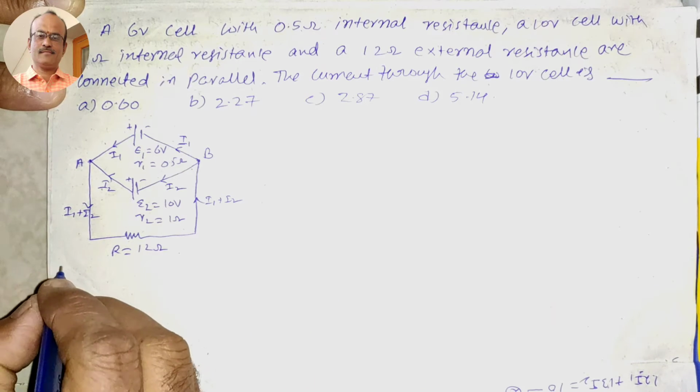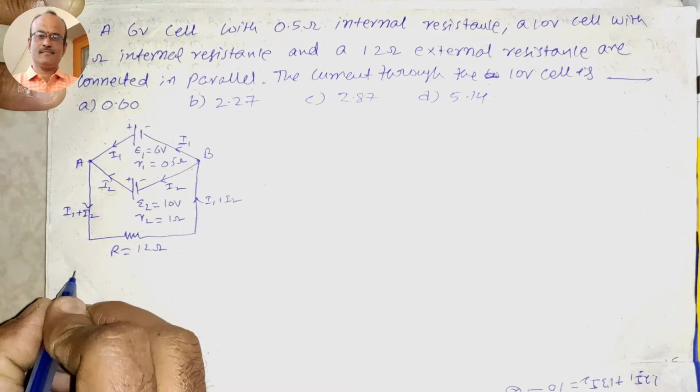Now from this one I will take one loop. What is the loop here?